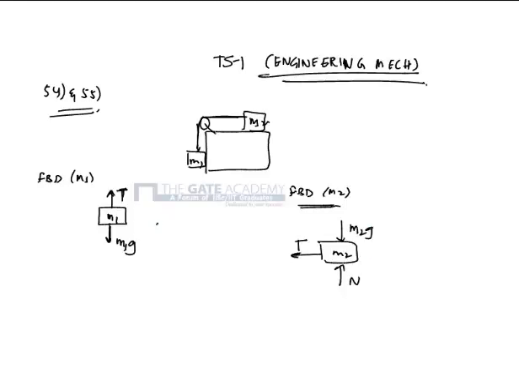Now because of the gravity, it will have the acceleration A. The mass M1 moves with acceleration A, so the mass M2 will also move with the acceleration A. This can be understood from the fact that if I release this system, M1 travels a distance x in time t, then M2 also will travel the distance x in time t, because the length of the cable is the same.